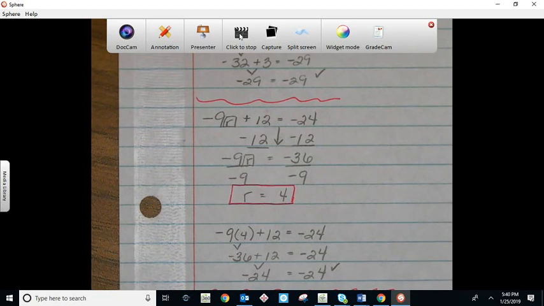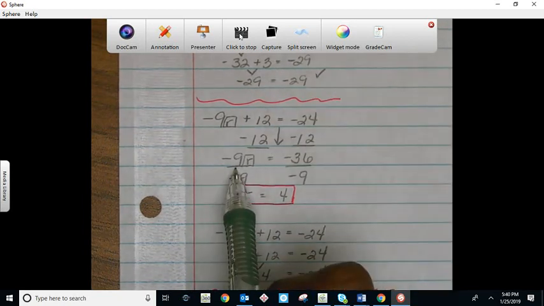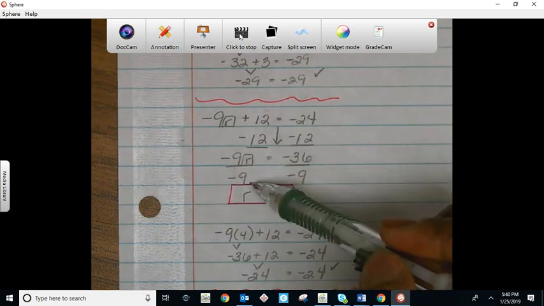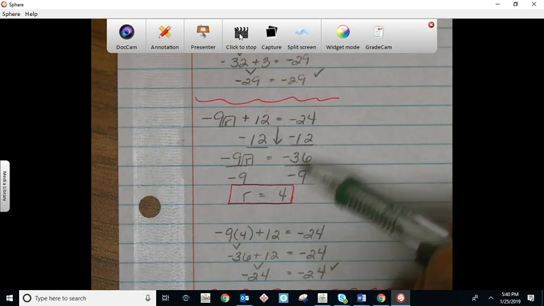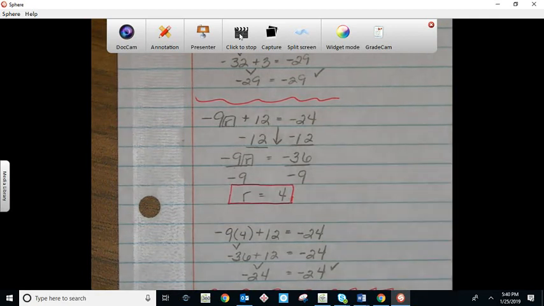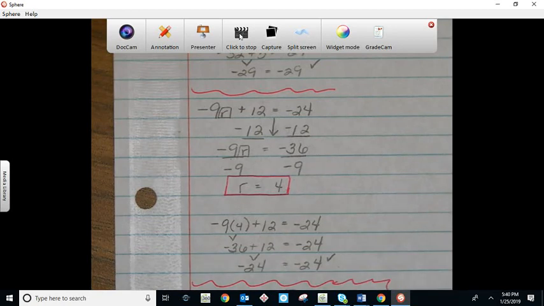I'm looking at add or subtract first. So I subtracted 12, and got negative 9r equals negative 36. Negative 36 divided by negative 9 is going to be a positive 4. Remember, when you're multiplying and dividing, if the signs are the same, you're going to have a positive answer. So we put it in, check our answer. Yes, negative 24 is negative 24, so we're good. Okay?